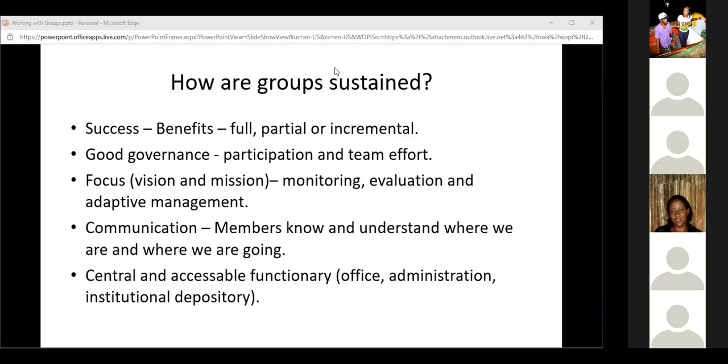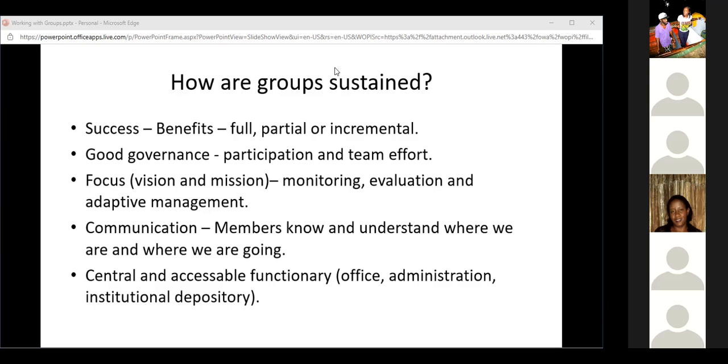And one of the things that are very important is a central and accessible space. There needs to be somewhere that we call home, somewhere that we can meet. So for example, in order to foster good governance, in order to be able to have a place and a structure to monitor and evaluate, in order for us to effectively communicate, we may have a central office.